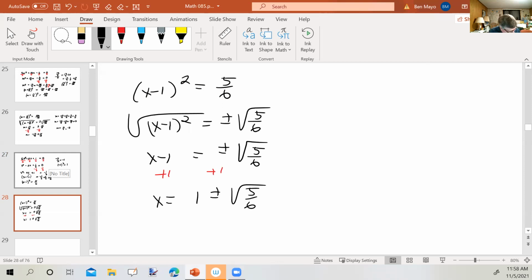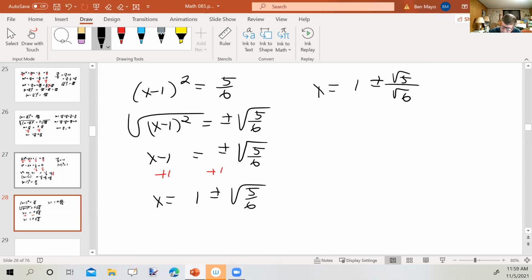Now, let's see how we could deal with this. This is the same thing as 1 plus or minus the square root of 5 over the square root of 6, right? If we just wanted the decimal approximations, we could split it up into 2 separate answers and find them. But let's clean this up first.